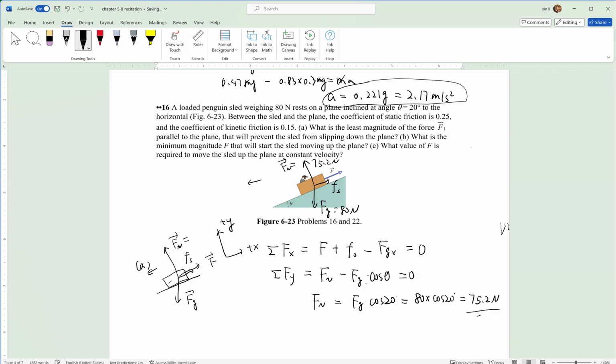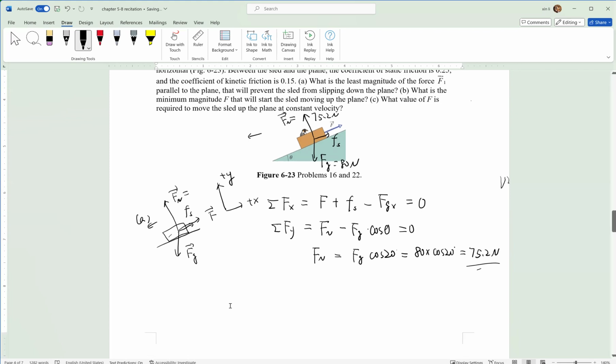Okay. So the y direction we don't have to worry about, because in the y direction it is always the normal force. And then if you want to get your F, our Fs maximal, this is static friction, will be equal to mu s times Fn.